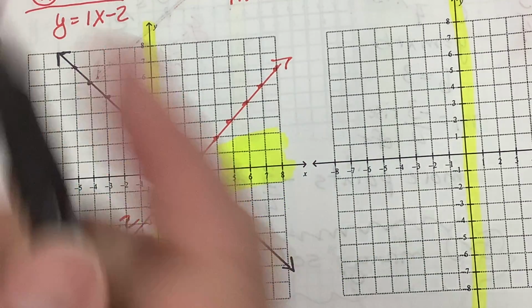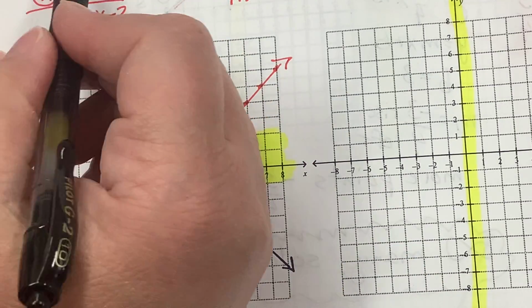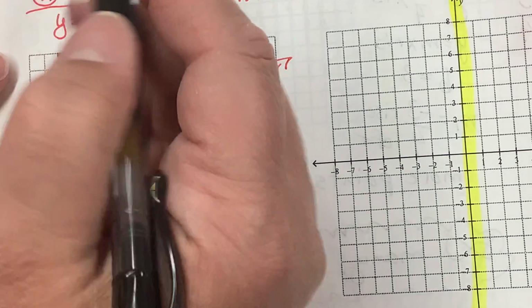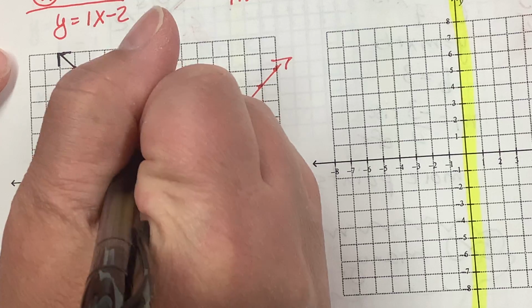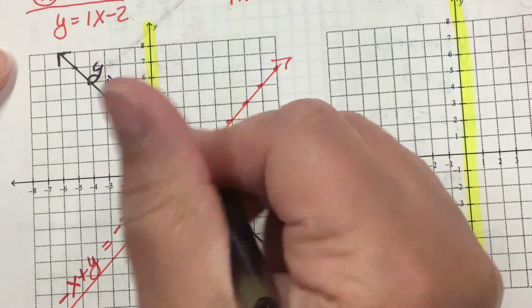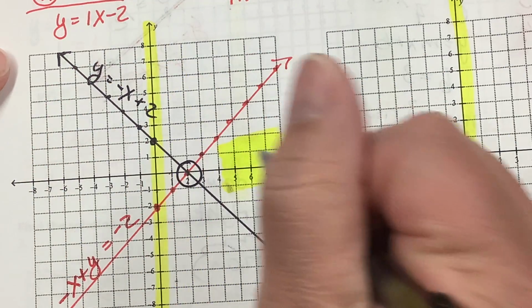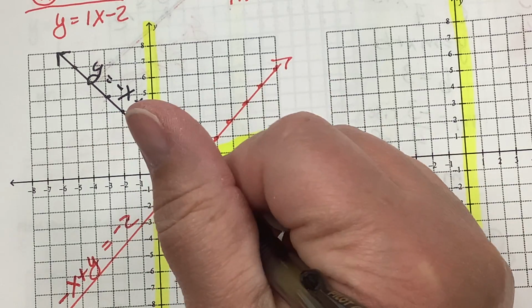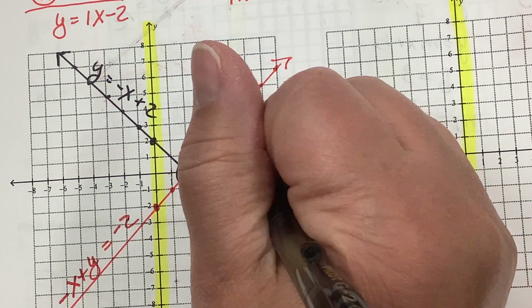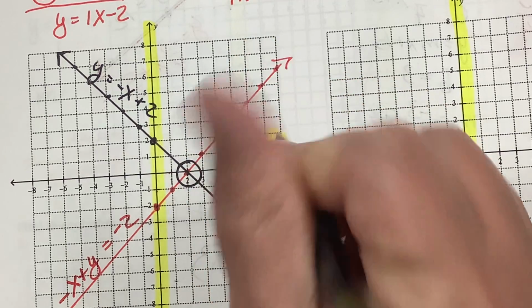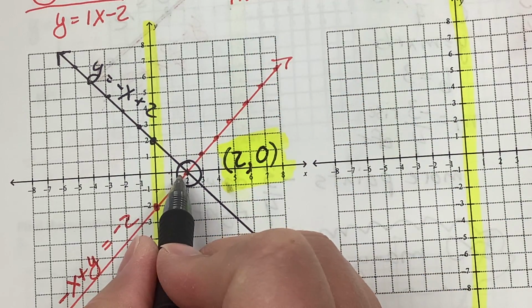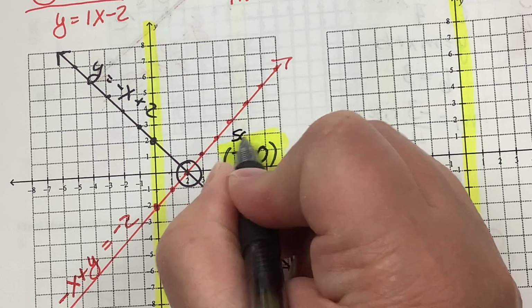And the original equation on this side was already in y equals mx plus b form. Y equals -x plus 2. And they cross right there at +2, 0. So my solution is 2, 0. 2 to the right, and it doesn't go up and down. So there's my solution.